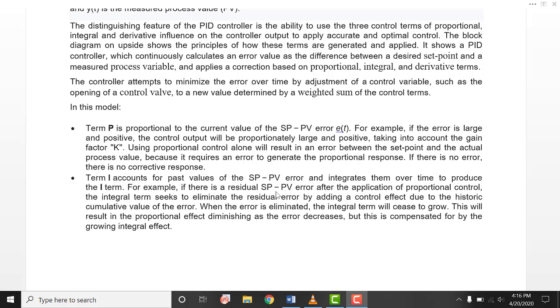For example, if there is a residual SP minus PV error after the application of proportional control, the integral term seeks to eliminate the residual error by adding a control effect due to the historic cumulative value of the error. When the error in this integral mode, this big difference, is iterated many times through this integral module, then at the end, such as oscillating behavior or spring and damper behavior, it will reduce to the desired output.